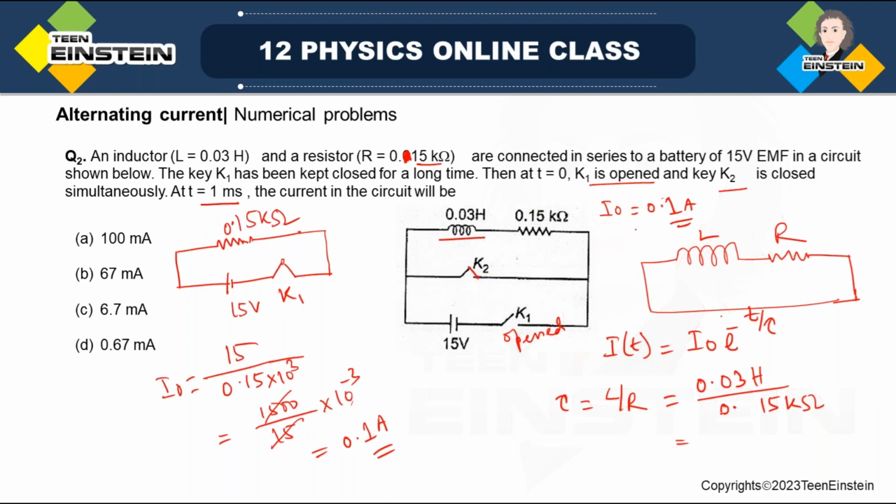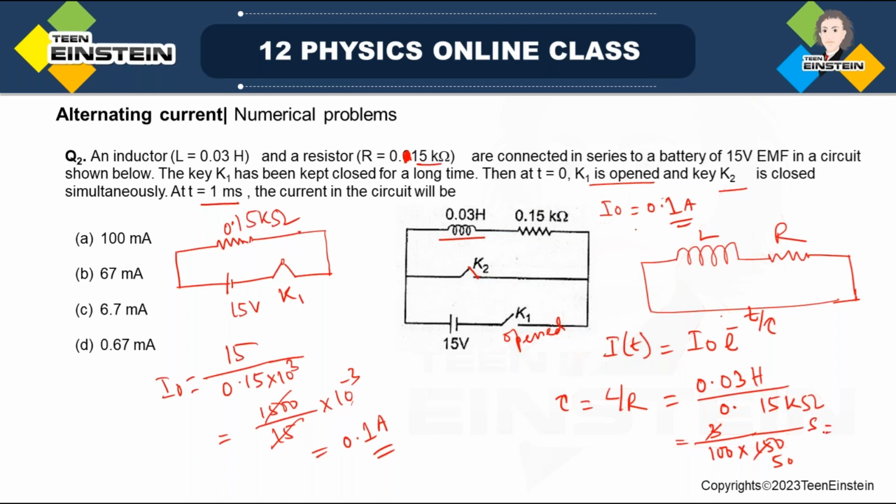Then what you will get? This is 3 divided by 100 into 150. So tau is in second.